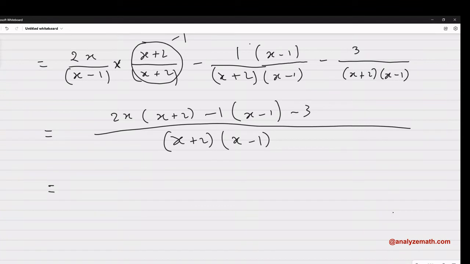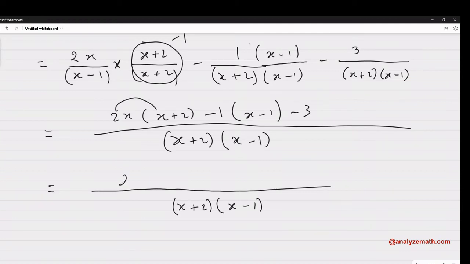Now we need to expand the expressions in the numerators. Now we do not expand the denominator unless we have to. So 2x by x, that gives me 2x squared plus 4x minus x. Yes, minus 1 by x gives me minus x, and then minus 1 by minus 1 gives me plus 1, and then minus 3.